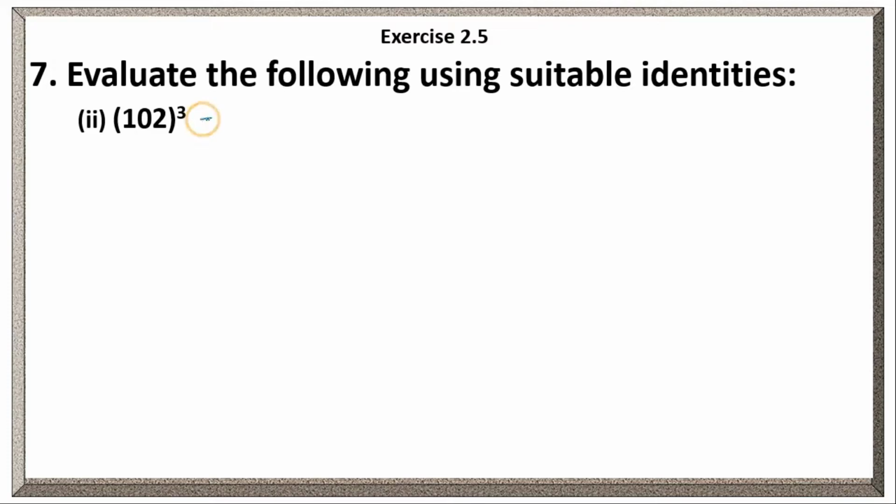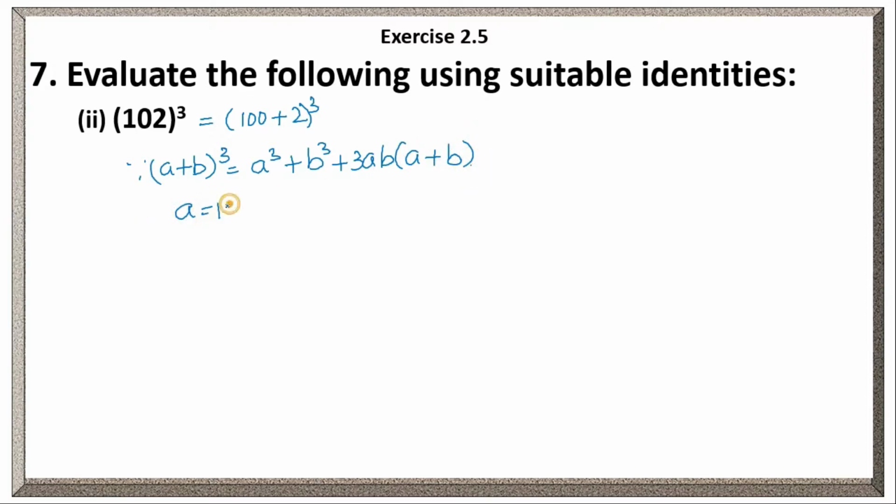102 whole cube, which can be written as (100 plus 2) whole cube, which is in the form of (a plus b) whole cube is equal to a cube plus b cube plus 3ab into (a plus b). Clear? Now what is there in the place of a? 100.